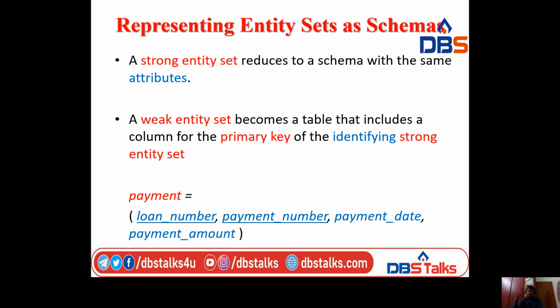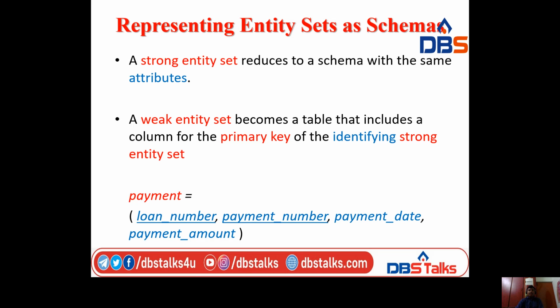We have to find the strong entity set which the weak entity set depends on. After finding it, we take the primary key from that strong entity set and add it to the discriminator available in the weak entity set. These two combine and form the primary key of the weak entity set.